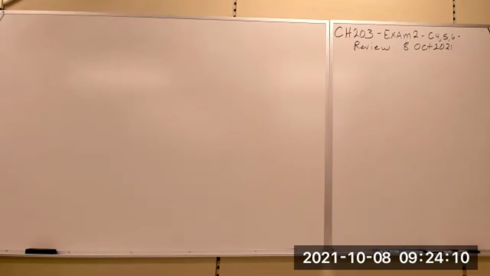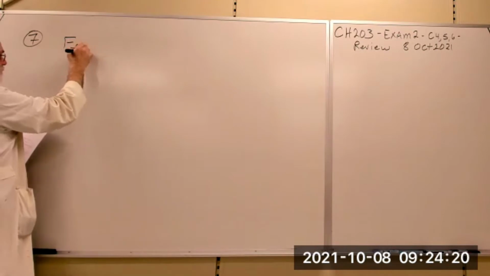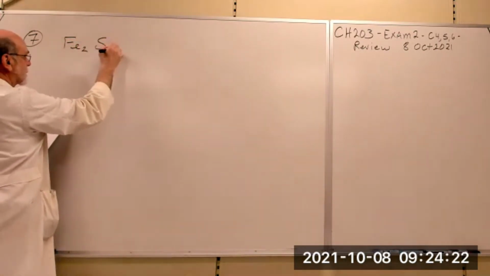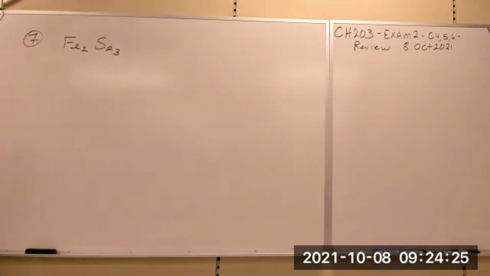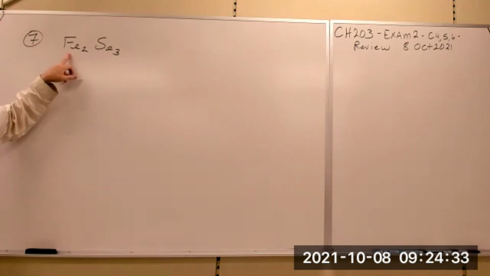Naming compounds. We did that in this series, didn't we? Yeah. So let's see if we can name this one. Okay, first of all, what elements do we have here? Remember that one?